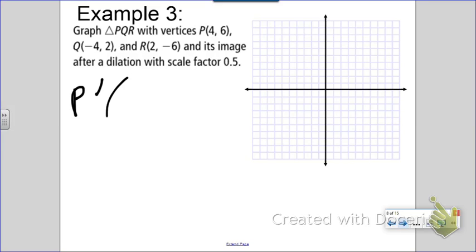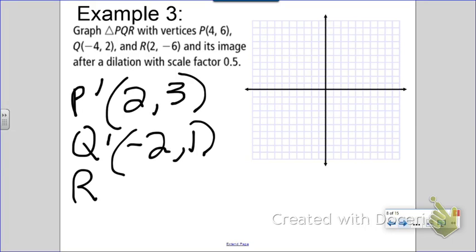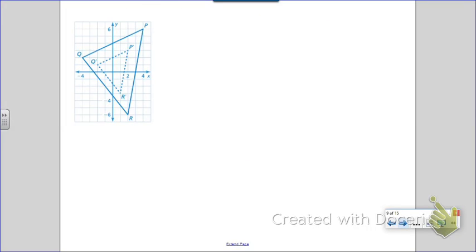So P prime would be at 2, 3, Q prime is -2, 1, and R prime is at 1, -3. So if we look at again a graph of the original with the dilation, it would look like this.